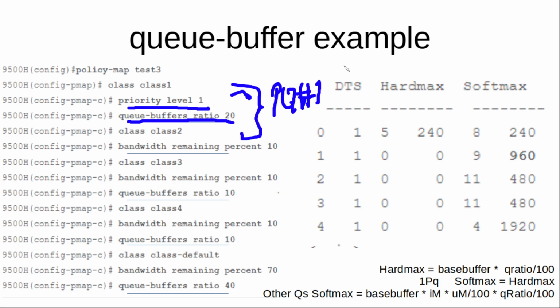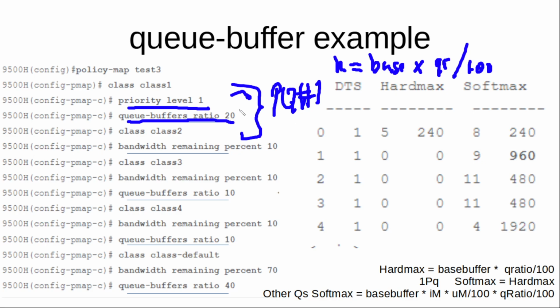Remember that to calculate the HARDMAX value for priority queue number 1, we multiply the base buffer by the Q ratio divided by 100.